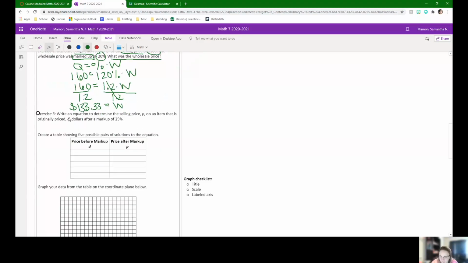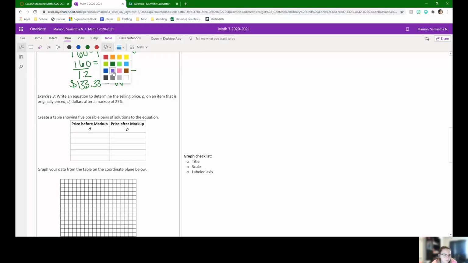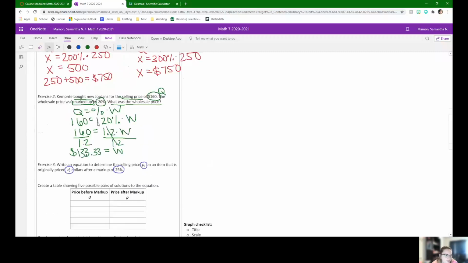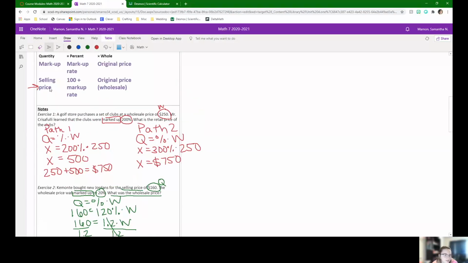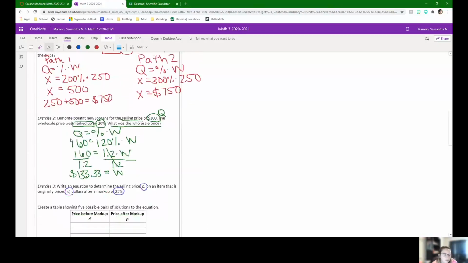Okay, this last exercise is a little bit of a longer one, but I think it's actually a really good one for us to look at and focus on. So write an equation to determine the selling price P of an item that is originally priced $D after a markup of 25%. So you can just go back and look at what we wrote here because it's talking about the selling price. So if the selling price is P, that's going to be our quantity.